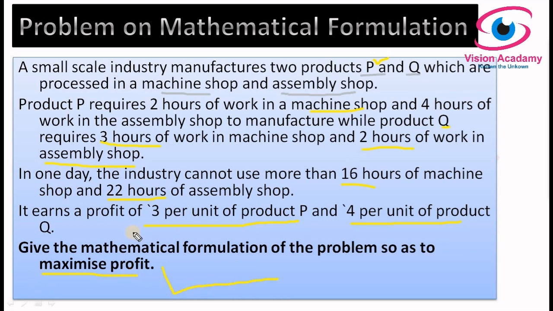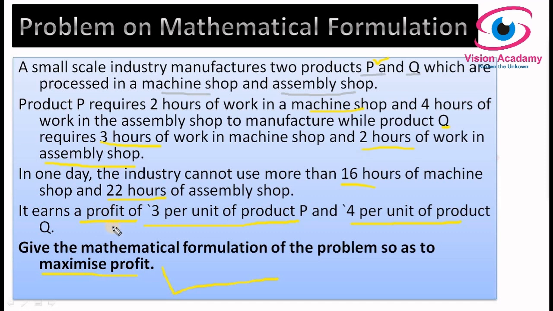In this case we have to make a maximization decision, because they have given profit information.